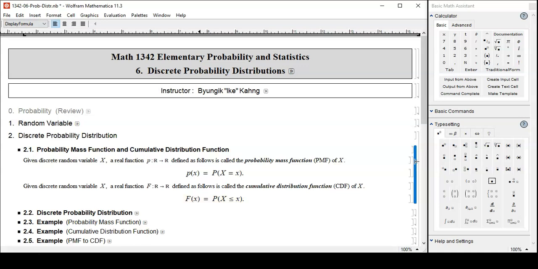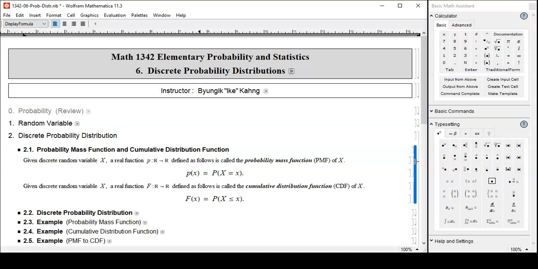It turns out, however, that you don't really have to know both. If you know PMF, then you can find out CDF. And also, if you know CDF, you can find out PMF. So these two functions are conceptually not different at all. So no wonder you can put them together as a single entity and call it with just a single name.